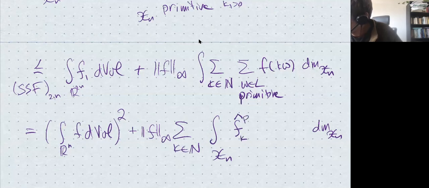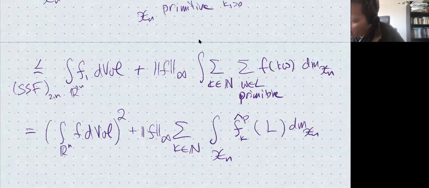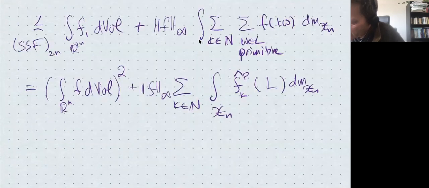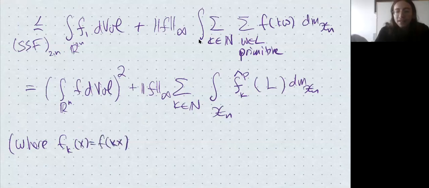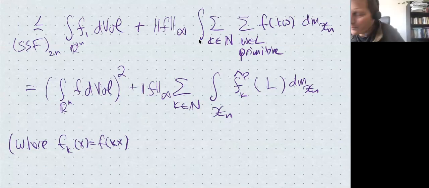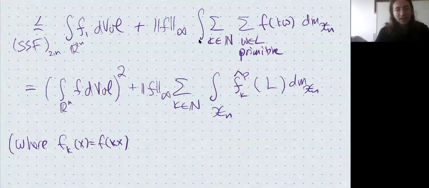So there's a P here, and there's an L here, and where f_k of x is f_k.